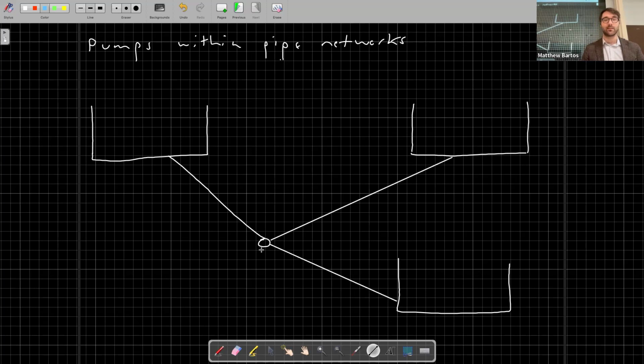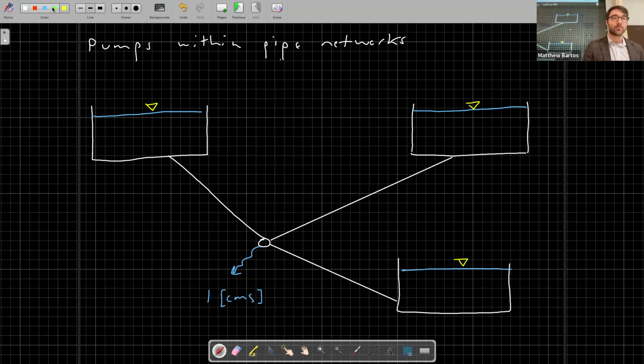The junction is going to have an external demand of 1 cubic meter per second. Each reservoir is going to have some water level associated with it, some total head.